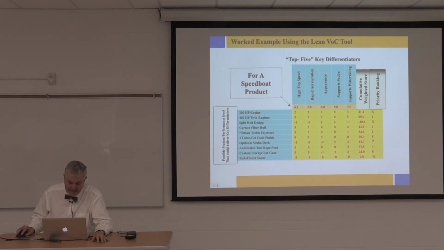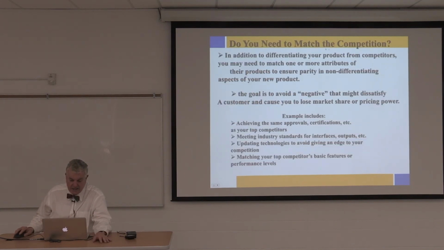And then you rank them. So the most important rank was the 400 horsepower. So this particular boat, the market sector that it was in was perceived to be for high speed. Of course, 400 horsepower would get you higher speed or higher startup speed than a 200 horsepower. Do you need to match the competition?